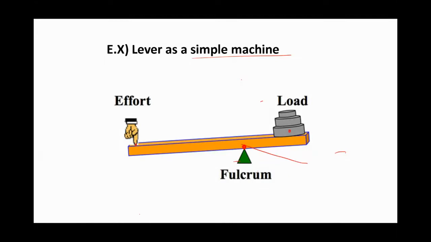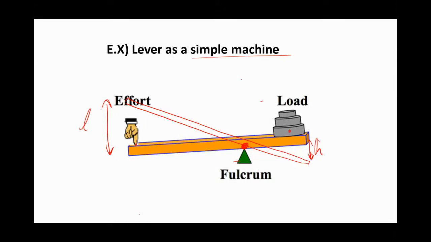So this lever, for the force to lift the load, look at this distance L, and this distance on the other side H. Which one is longer? From the geometry of the shape, L is much longer than H.